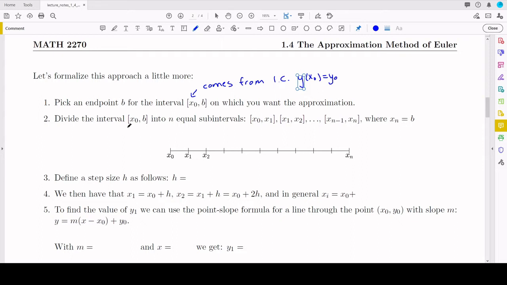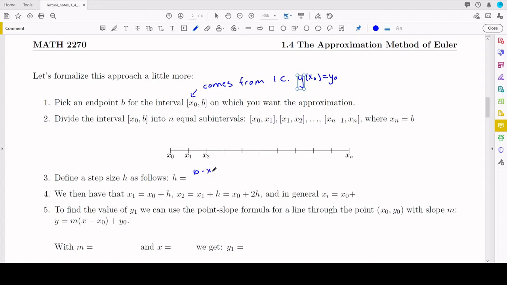Then what we do is we divide the interval x0 comma b into n equal subintervals, x0 to x1 and then x1 to x2 and so forth until we have x sub n minus 1 to x sub n, where x sub n equals b. And we can then define a step size h as follows.